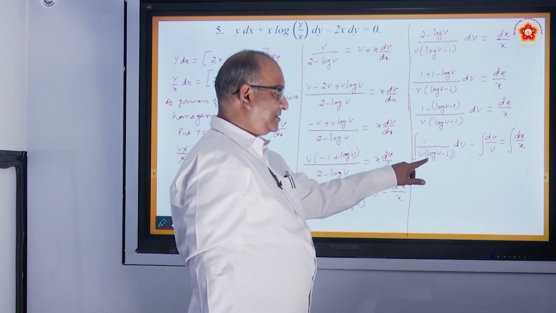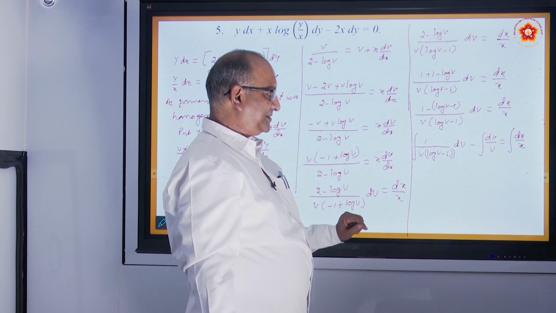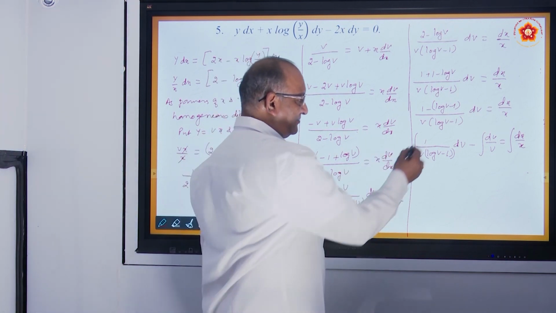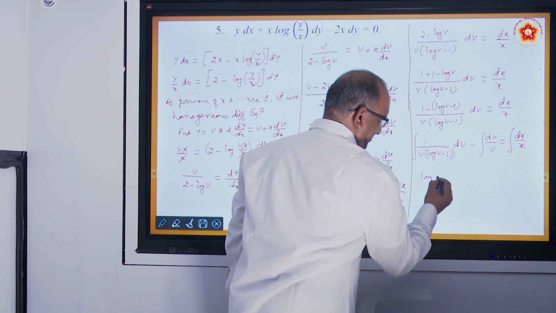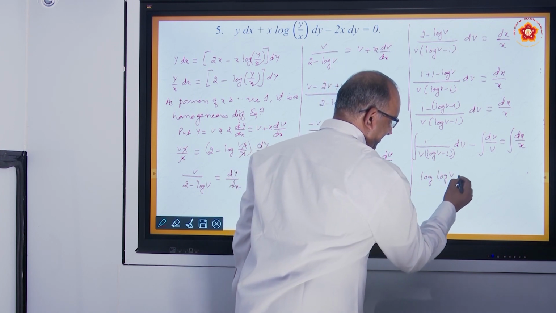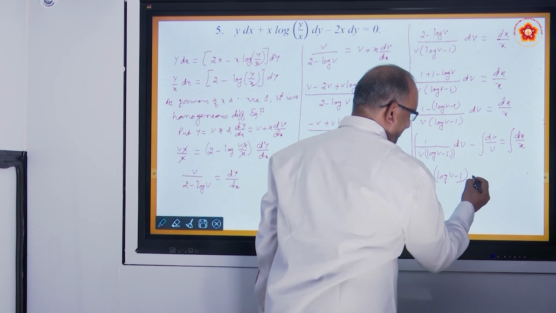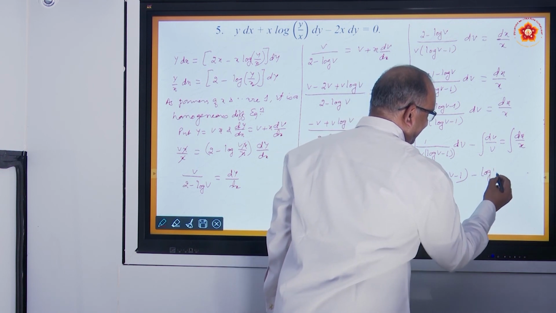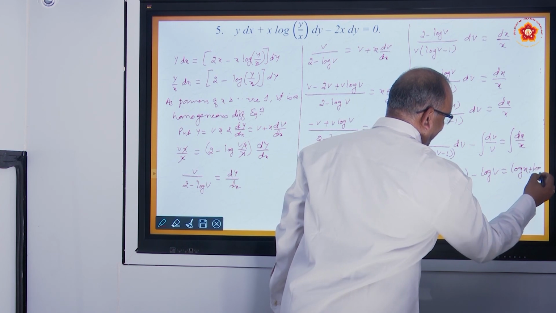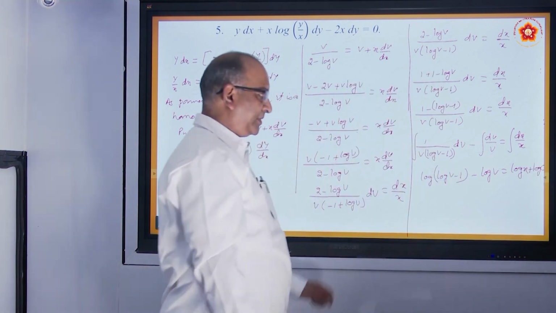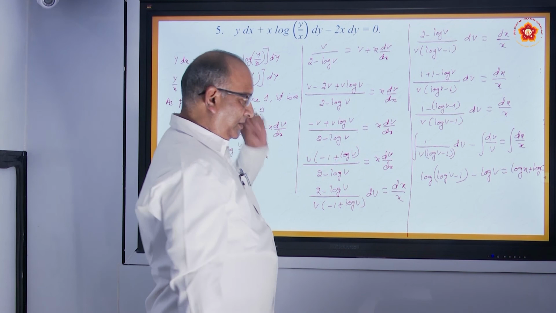So as we thought, log v minus 1, if you take it as t, 1 by v dv will become dt, and it will become log of log v minus 1 minus log v equal to log x plus log c. Okay.